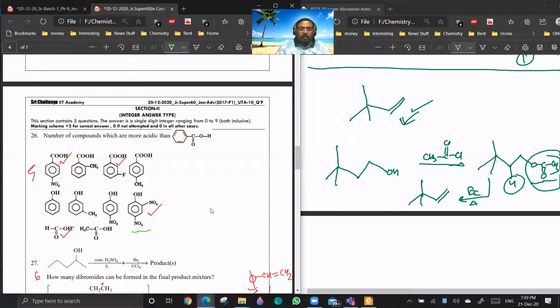This is a database thing. And HCOOH will always have more than benzoic acid, no? I have given this point, this is a database thing.